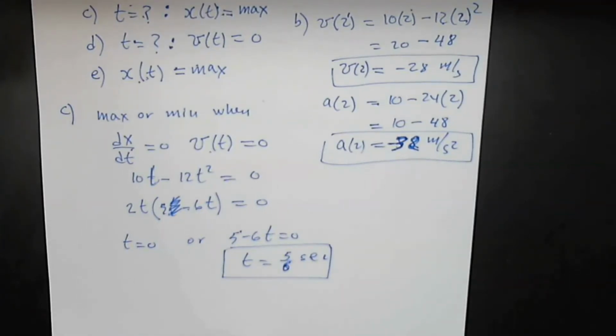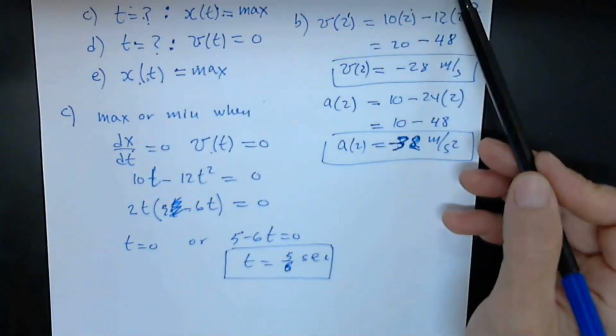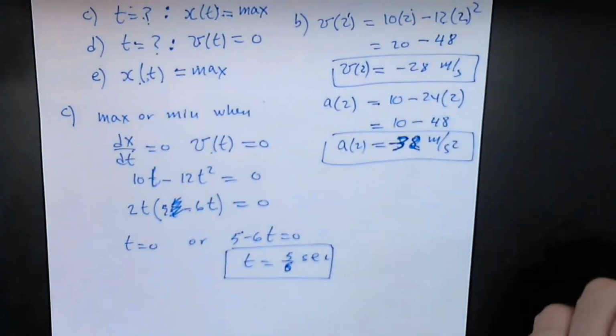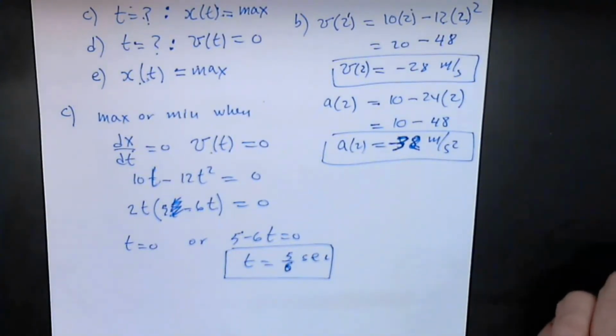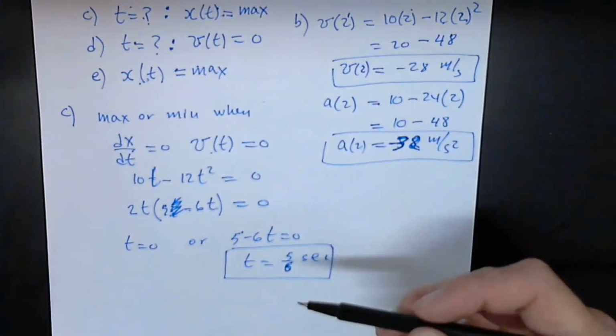Now, how do you know it's a maximum and not a minimum? You need to take the second derivative, which is the acceleration at this time, and it has to be negative in order to be a maximum.